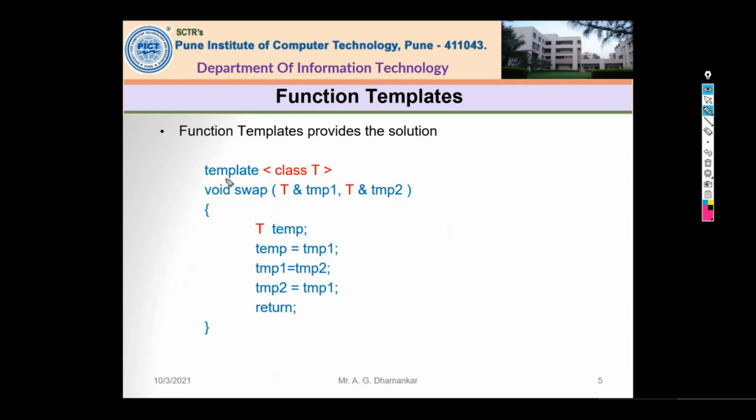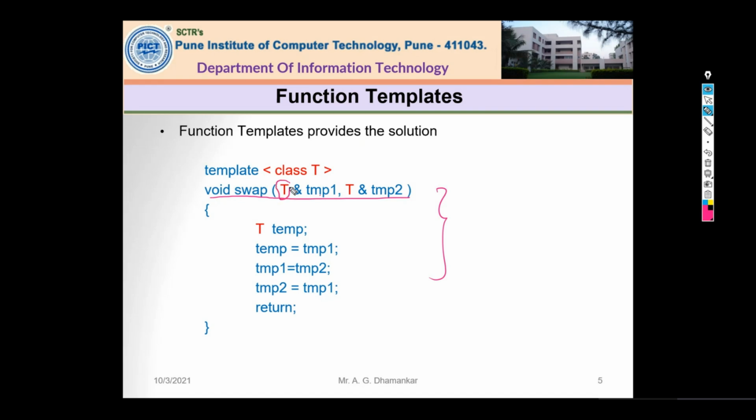This is the example of a swap function. In this way, we can write a template function. Any generalized function, any normal function can be converted to a template function. How can we convert it? Write down that function, for example swap, with reference arguments or pointer arguments or maybe normal arguments with their data types.